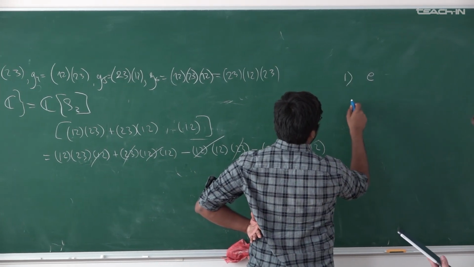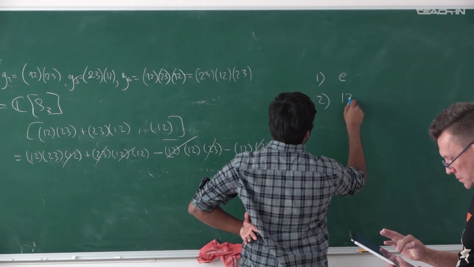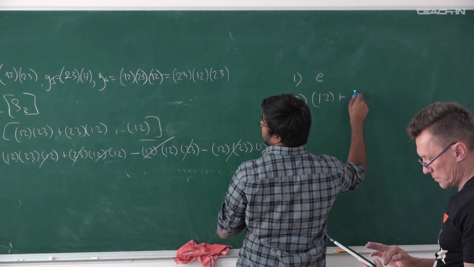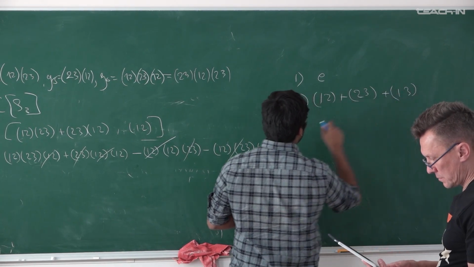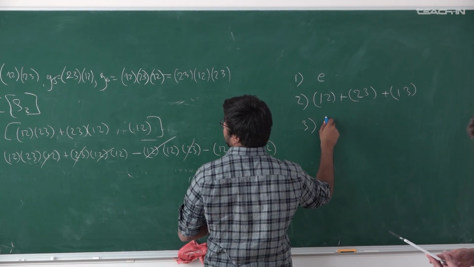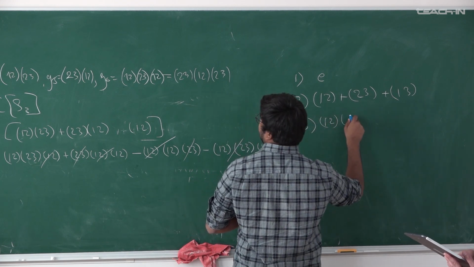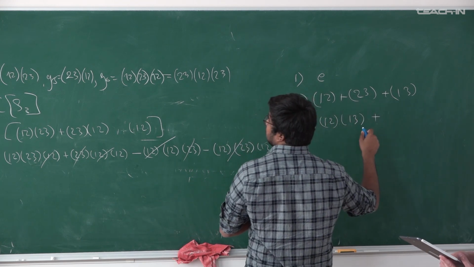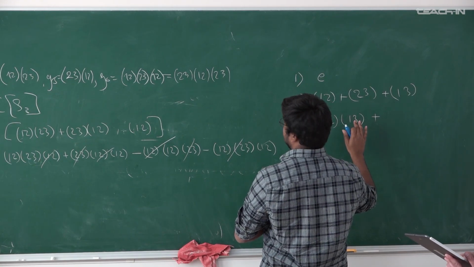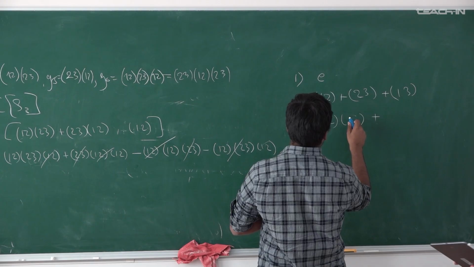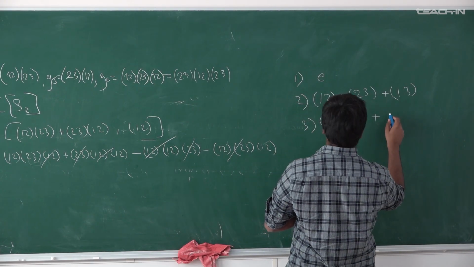So 1, 2, plus 1, 2, plus 2, 3, plus 1, 3, plus 1, 2, 2, 3, and this.